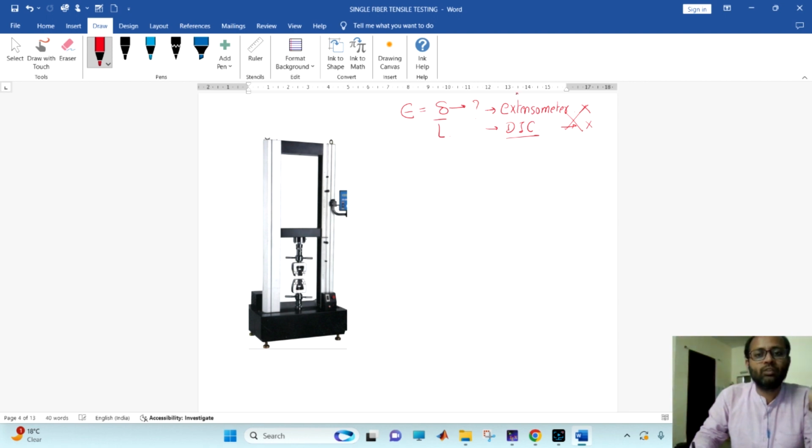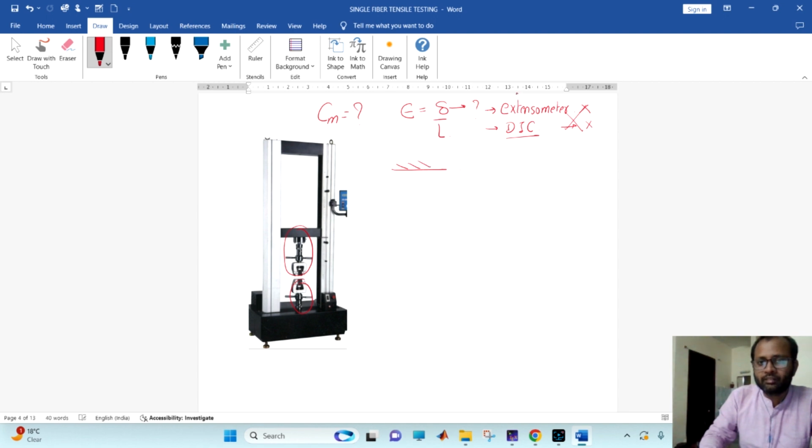In this case we have to find the compliance of the machine. That is the necessary thing. So how are we going to find out the compliance of the machine? So first, this is the UTM, Universal Testing Machine. We know that this part and this part have some stiffness.